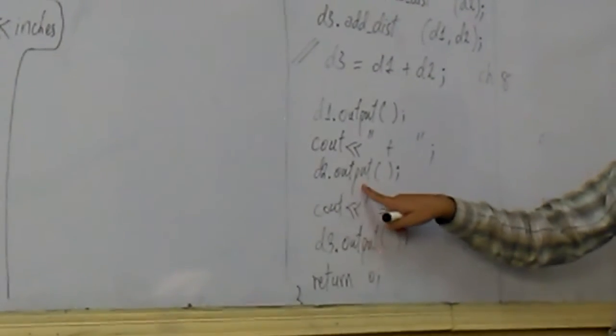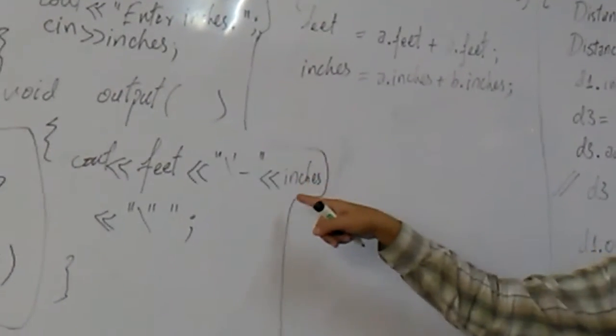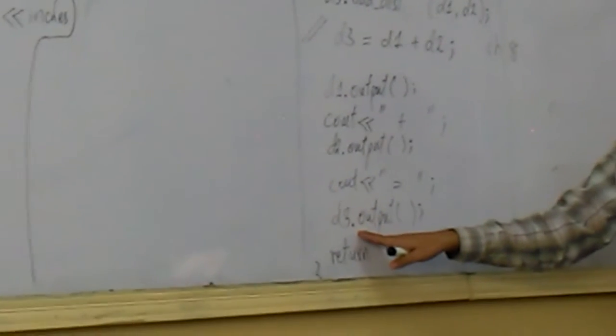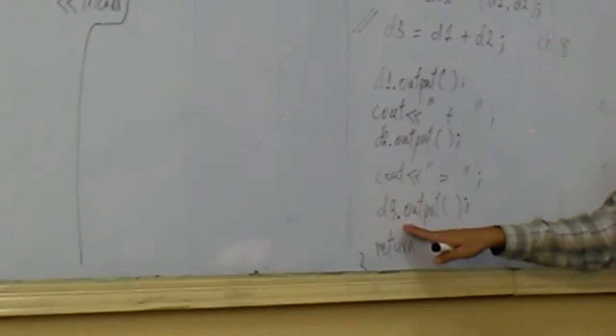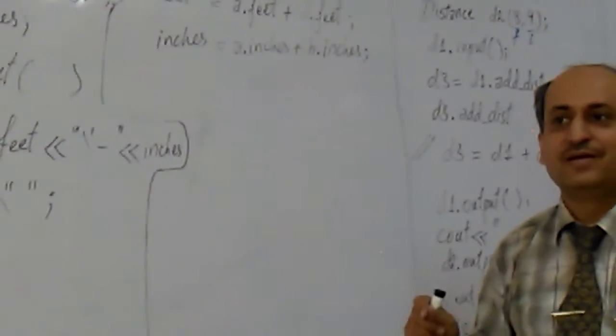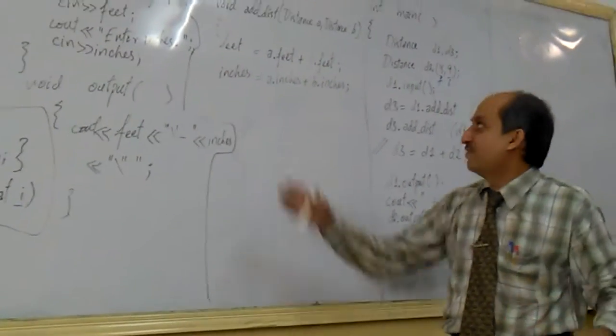In the next statement, it's D2.output. Then these feet and inches are of which object? The calling object. In this case, it is D2. Similarly, over here D3 is the calling object, so feet and inches, these data members without any variable name or dot operator, are of the calling object. In this last case, it is D3.